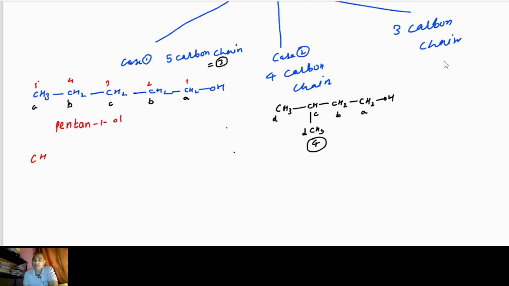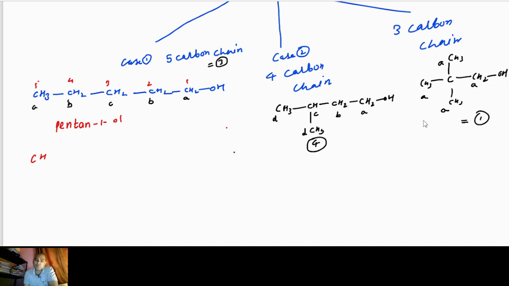For the 3 carbon chain, here will be CH3, this is again CH3, CH3, here is CH2, and you will find all are A type. So the total isomer possible here is only 1.